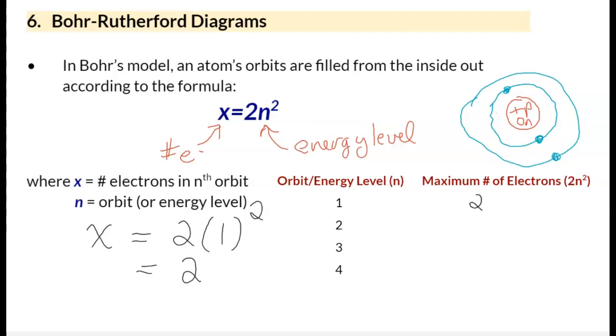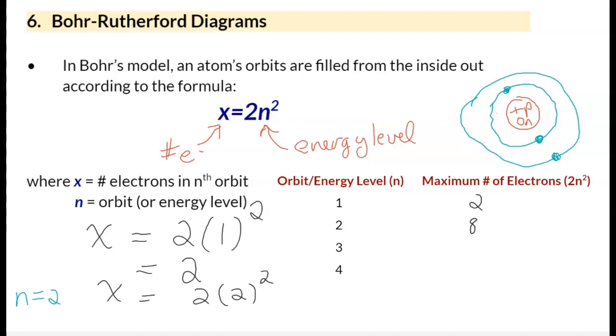Now let's look at our second energy level. So this is for n is equal to 2. Where n is equal to 2, then we can say that x is equal to 2 times 2 squared. Well, 2 squared is 4, and then times 2 is 8. And so this is following the pattern that we would expect, right?